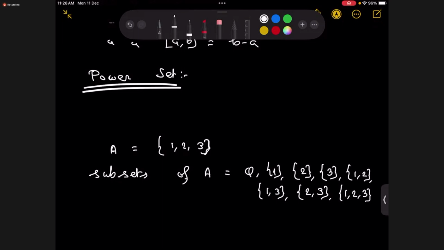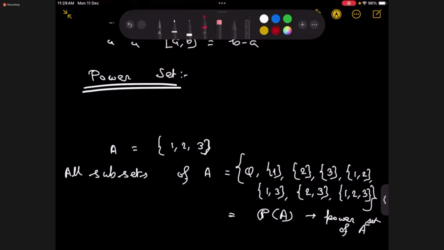So these are the collection of all subsets of A. If I collect these subsets as a set, then this is called the power set of A.